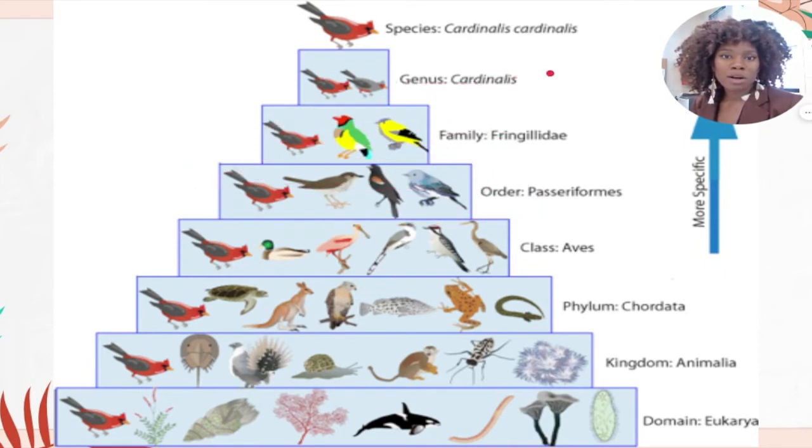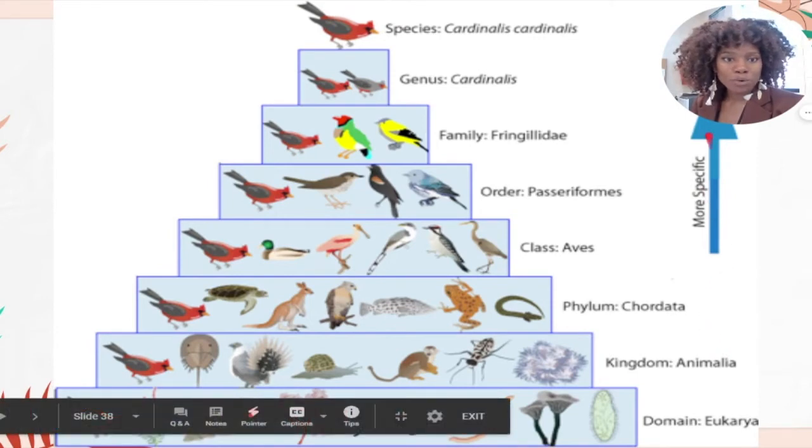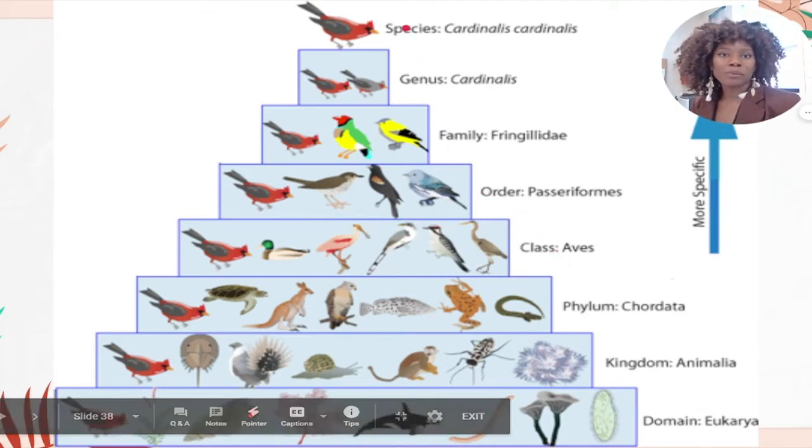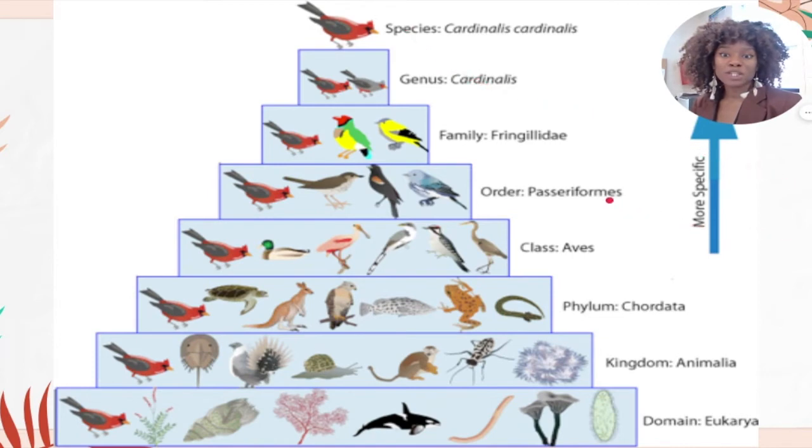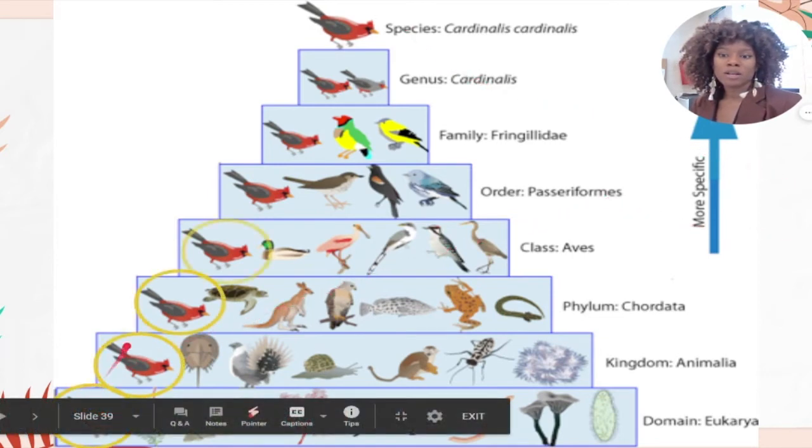And then genus Cardinalis, we see two types, and then we see Cardinalis cardinalis is the species, which is the cardinal. Okay, notice this arrow right here. This is more specific. So as we are leaving domain and we're going lower and lower on the chain, we are getting more and more specific. So one thing to also notice is that this same organism is in all of them.